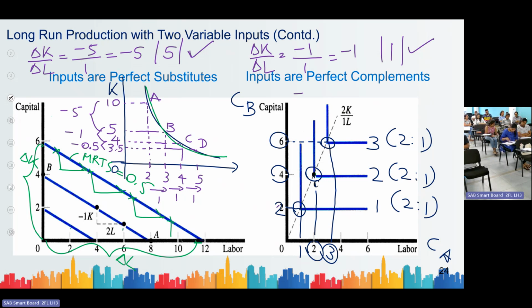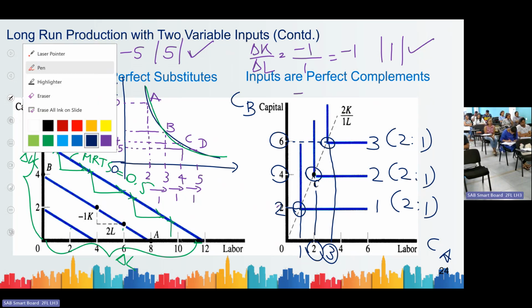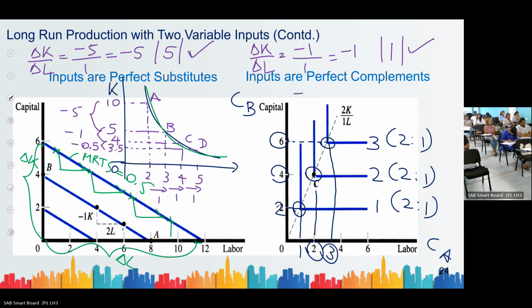For example, why doesn't production happen on these vertical lines? Take an example. The firm should produce 2 units of tablets.